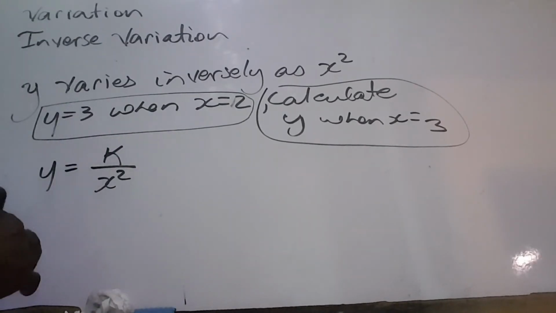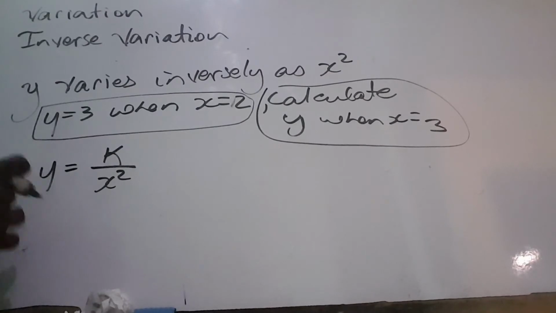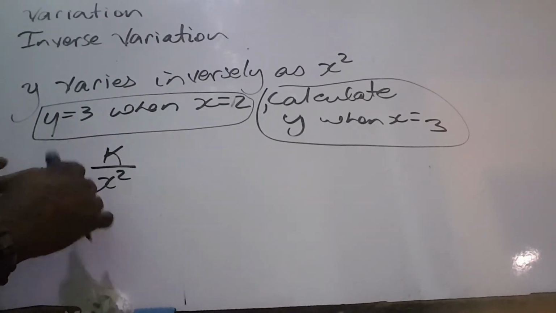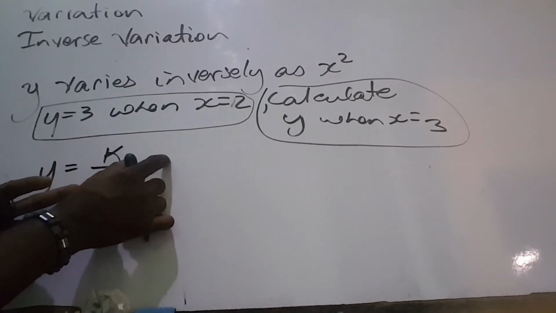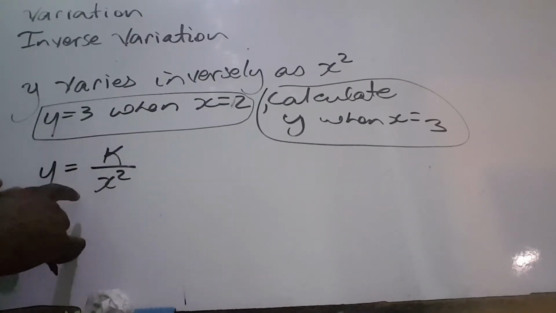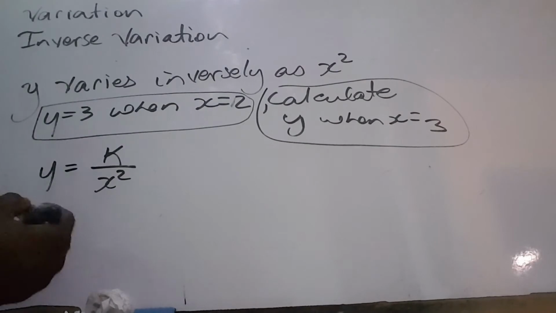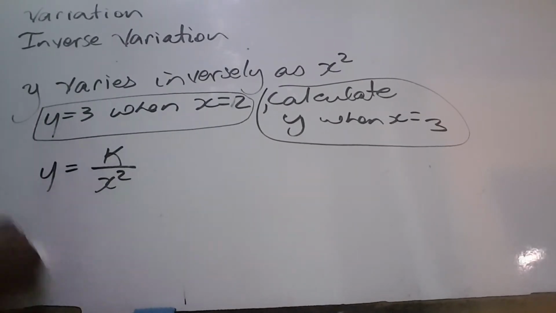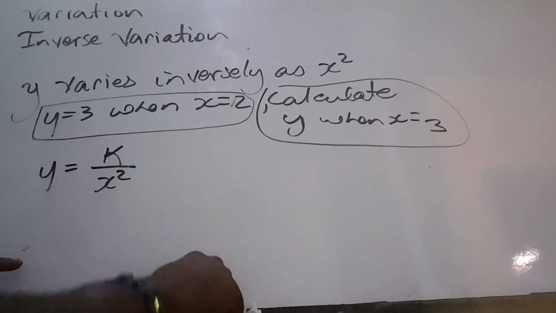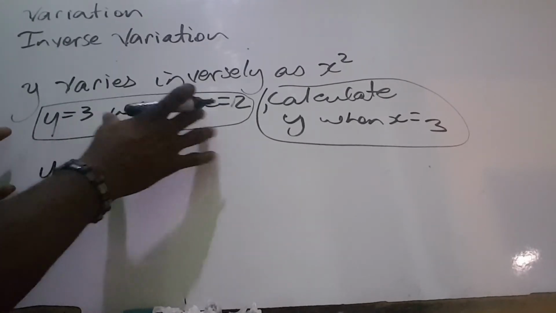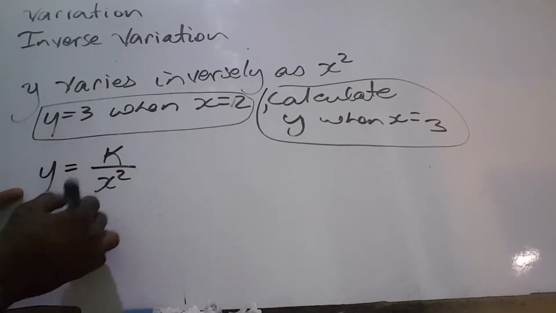And this is the difference between the inverse and the direct, because with the direct one we would have had the x squared right beside the constant, but in this one we have the x squared as the denominator. Now we're going to use these values to substitute to find a value for k.